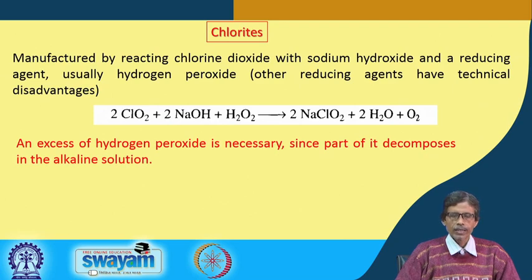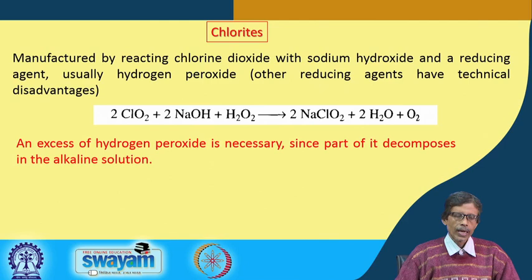This is the limitation of this reaction, because hydrogen peroxide use is a costly affair. We should minimize the use of hydrogen peroxide for this reaction. Why do we use excess? Because the strength of the hydrogen peroxide is not well known all the time, as it has self decomposition pathways, and a part of it decomposes in this alkaline medium into O2 and H2O.